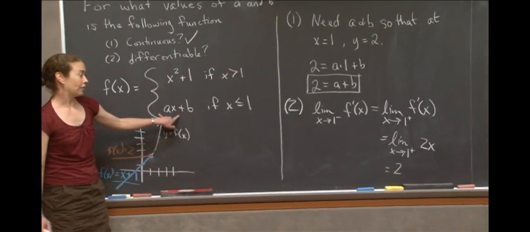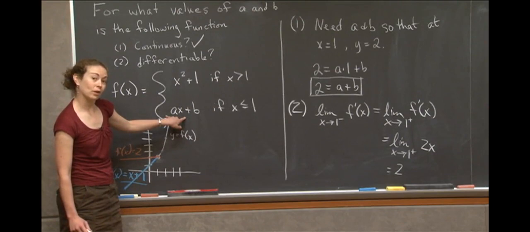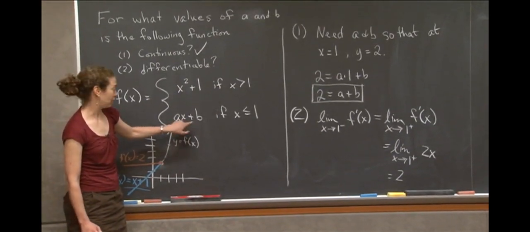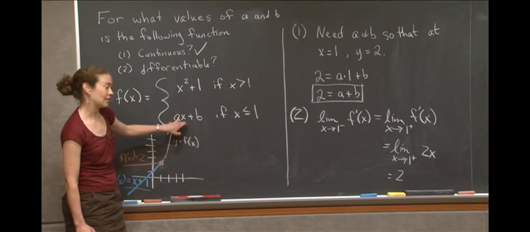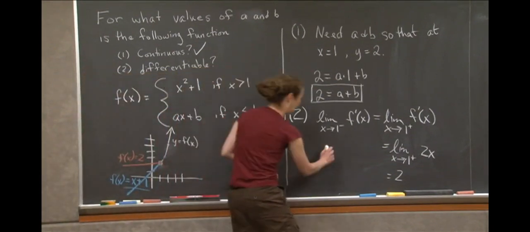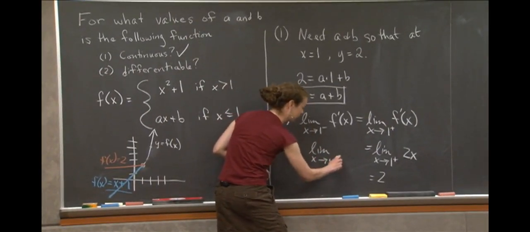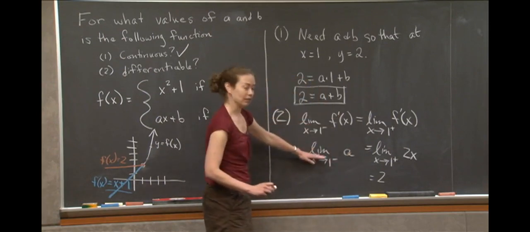The function on the left, at the left of 1, is ax plus b. So what is its derivative? Its derivative is just a, right? Because the derivative of b is a constant. That derivative is 0. The derivative of this is a. So we get the limit as x goes to 1 from the left of a. That's what this left-hand expression is.